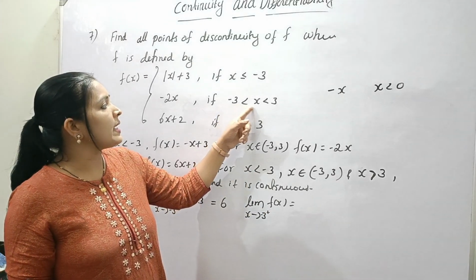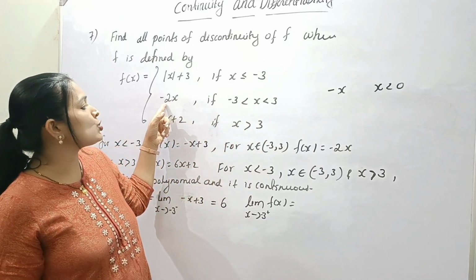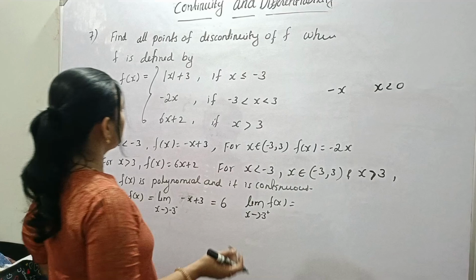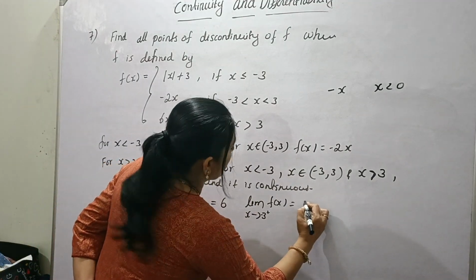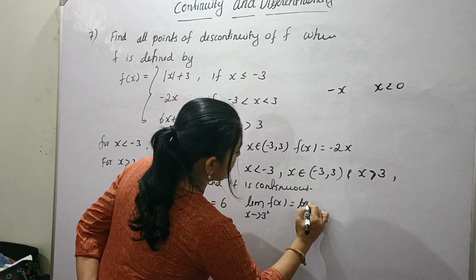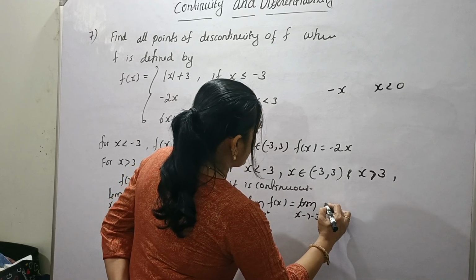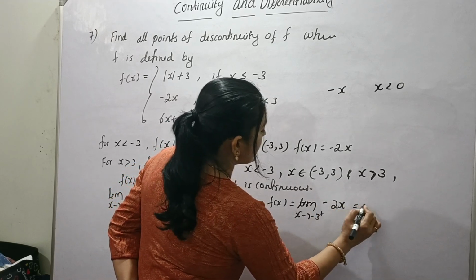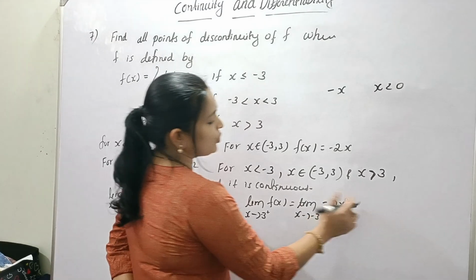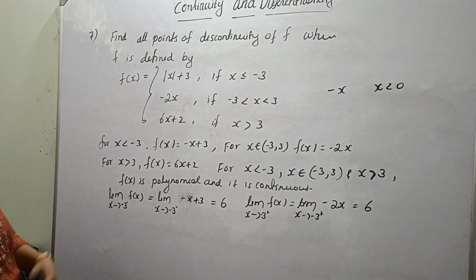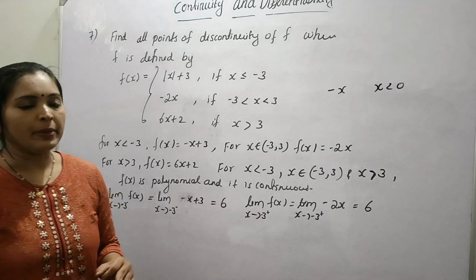Greater than minus 3, the function is minus 2x. Limit x tends to minus 3 plus minus 2x, substitute minus 3, so you will get 6, right? So we have got left hand limit equal to right hand limit.